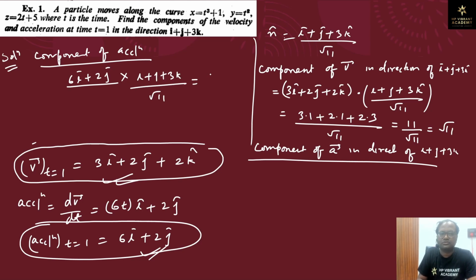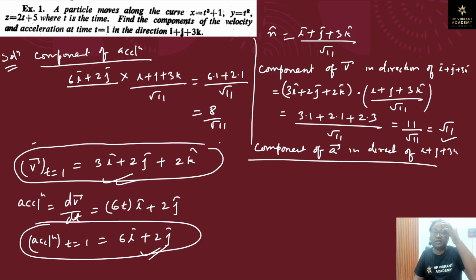So this is equal to (6 × 1 + 2 × 1) upon root 11, which is 8 upon root 11. So the component of velocity is root 11 and the component of acceleration is 8 upon root 11 along the direction of i cap + j cap + 3k cap at time t = 1.